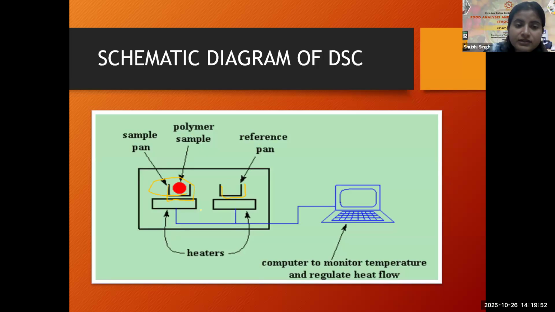Then there are different heaters, which will increase the temperature, this one and this one. Then there is a computer to monitor temperature and regulate the heat flow, and this computer will also depict the data or the graph. So basically it has four different components.